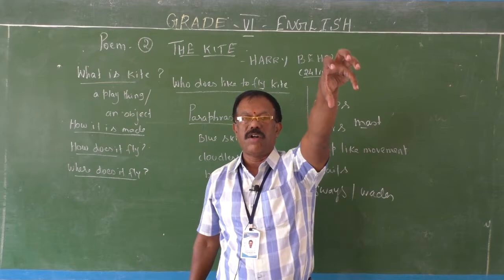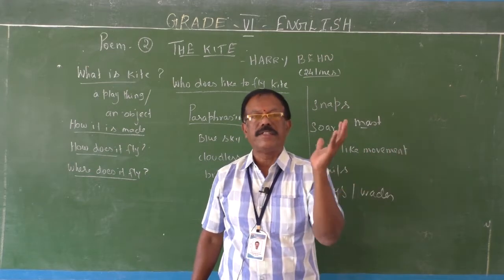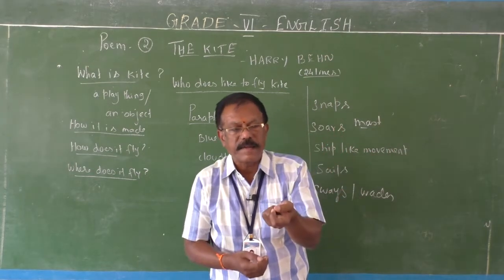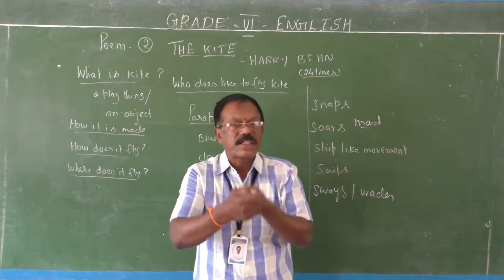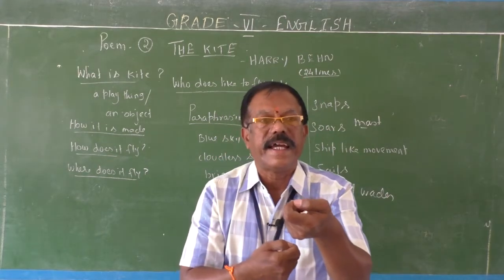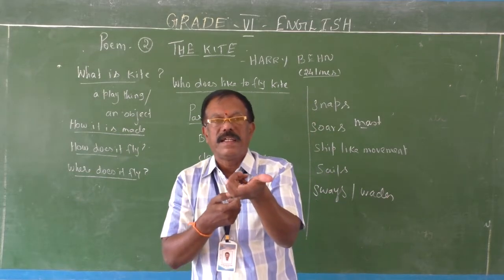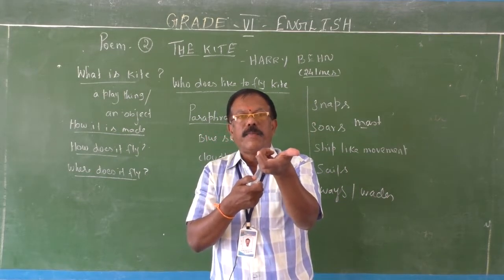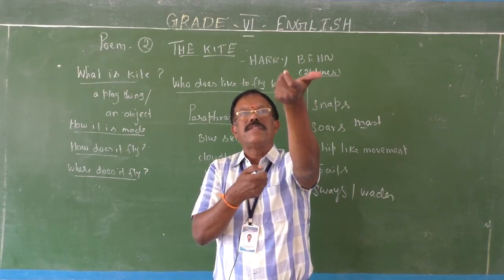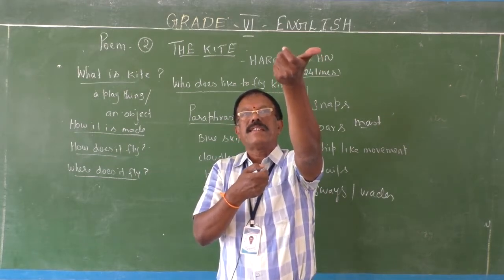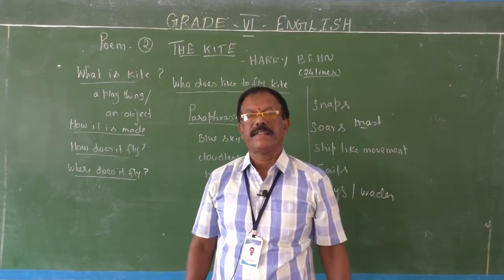When the wind is strong or when the wind starts to blow continuously, at the time the person who is handling the kite has to release the string slowly. So it pulls the string and then it starts to rise slowly, up and up in the air.